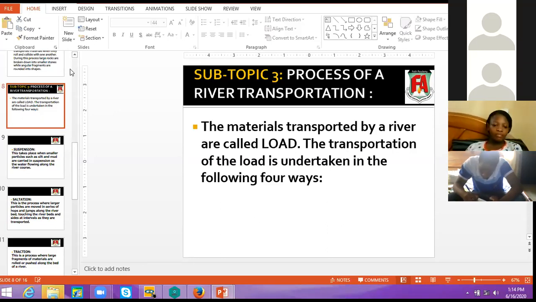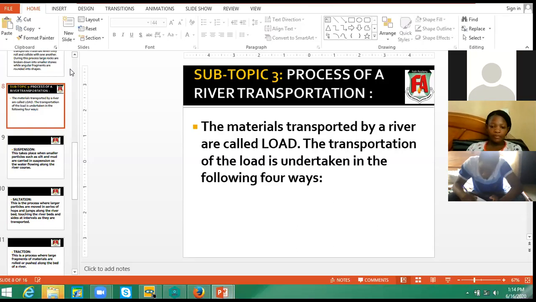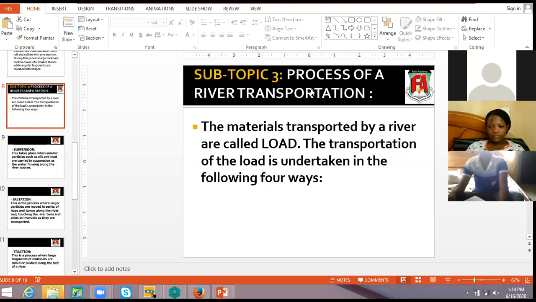In human geography, it has to do with the movement of people and goods from one place to another. While in physical geography, it has to do with the movement of materials from their initial position to another position, thereby developing or creating a new landform.